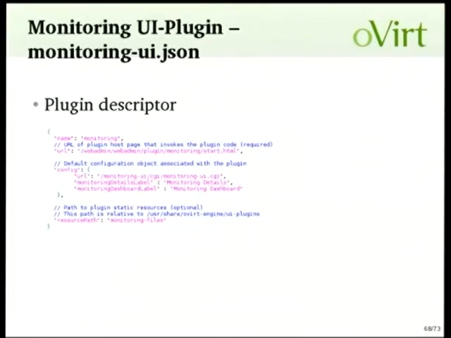I know it's not that big, sorry, but the plugin descriptor is the same as seen in the example before. We have a URL and a name and config options, and in the config options I have the location of the CGI files, as I used Perl for it.